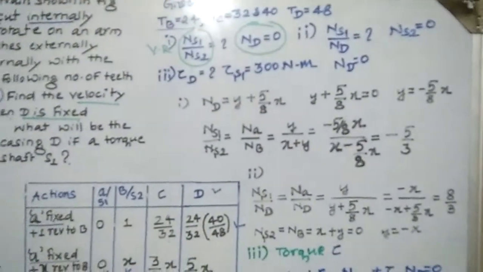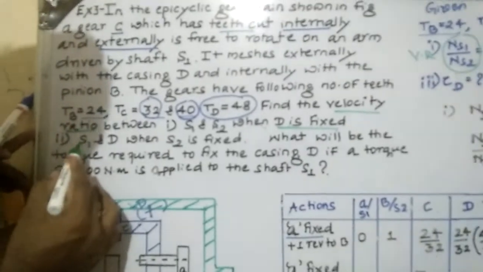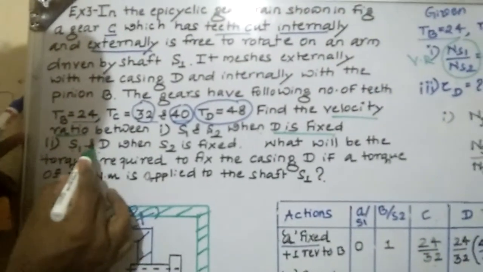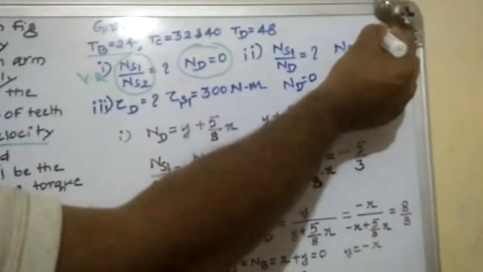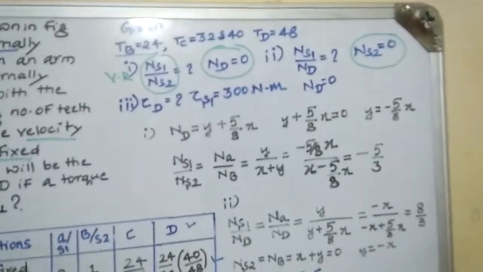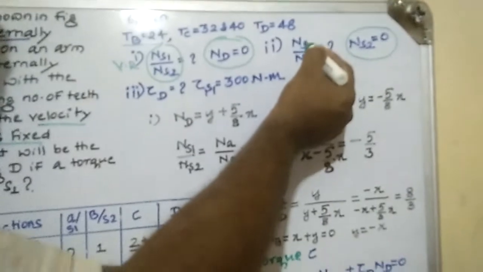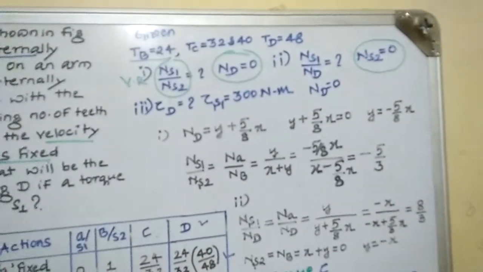Then come to the second, you have to find the velocity ratio in this case also, that is S1 and D, when S2 is fixed. S2 fixed means the speed of NC2 is 0. You have to find the velocity ratio for this also, NS1 divided by ND.